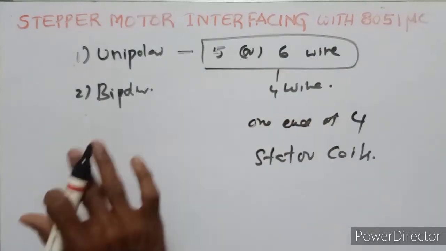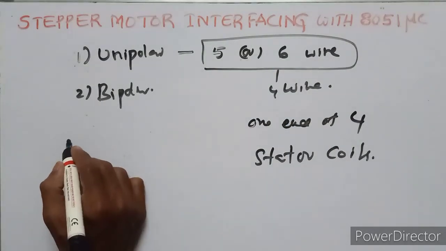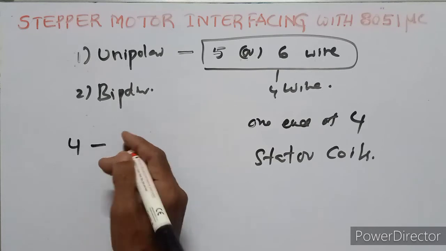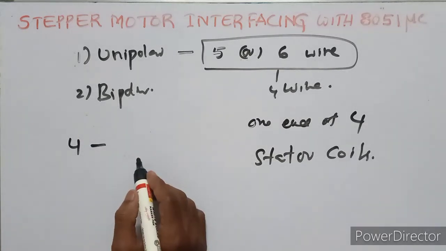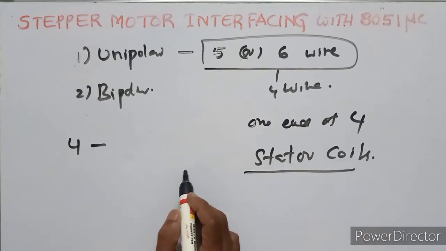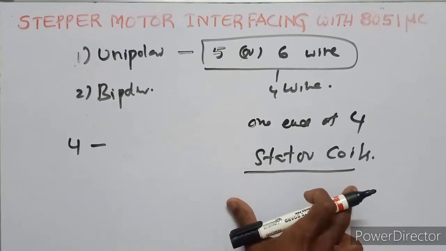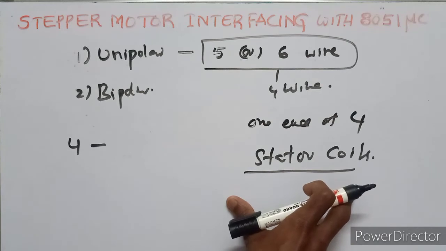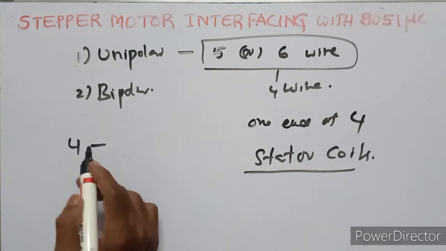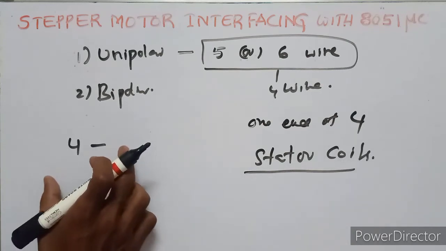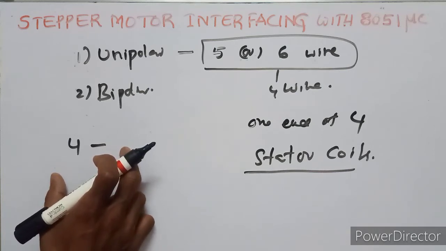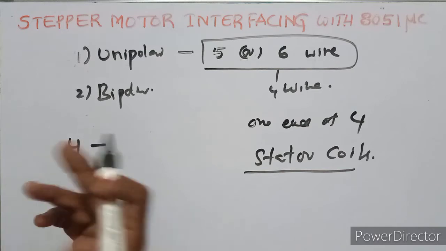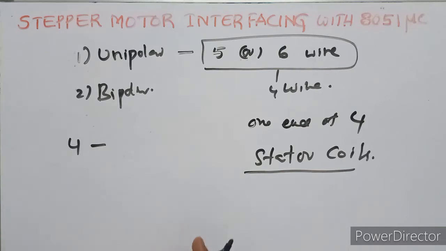In the 5 or 6 wires, 4 wires are one end of the 4 coils attached to the stator coils, and the other end of these four wires is connected to the fifth wire.